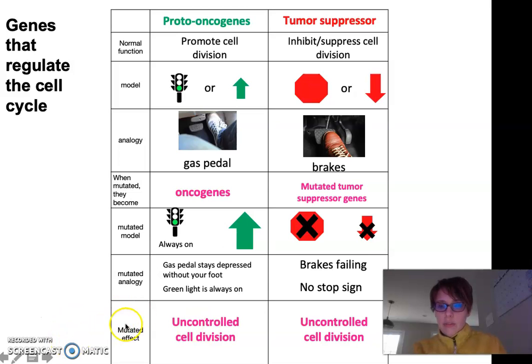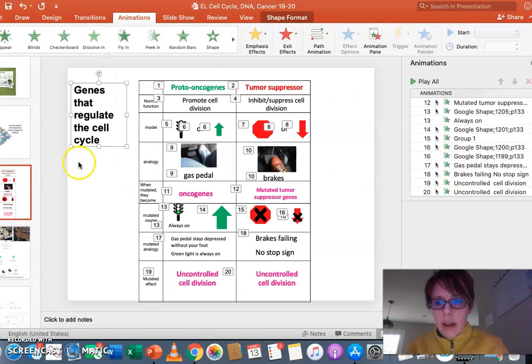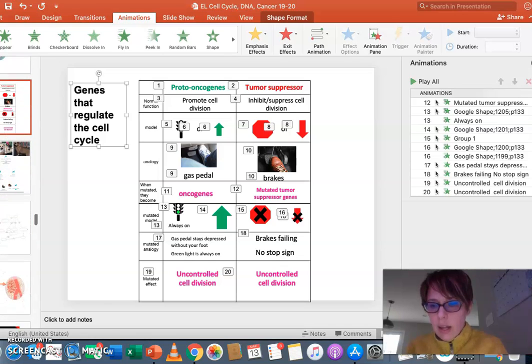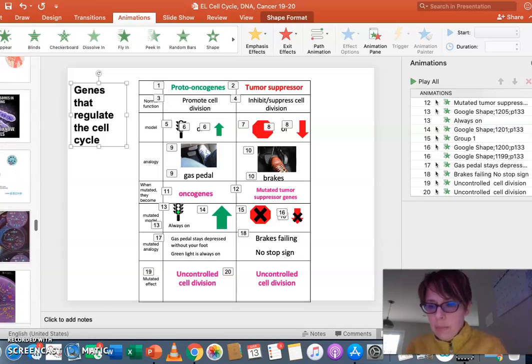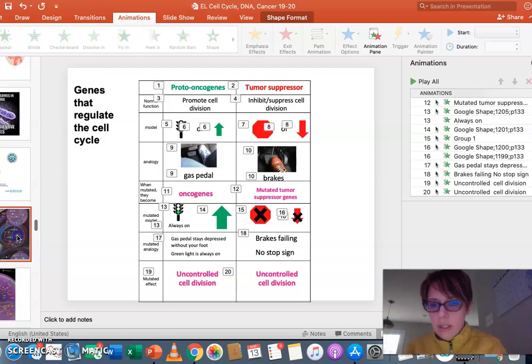And so, that's our two classes of genes: proto-oncogenes and tumor suppressor genes. And remember, they encode proteins that are responsible for the cell cycle. And there are lots and lots of proteins responsible for controlling the cell cycle.